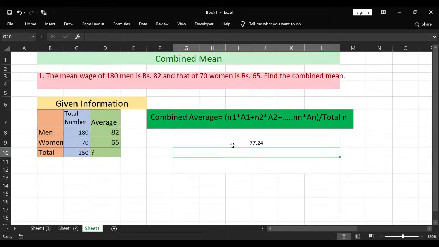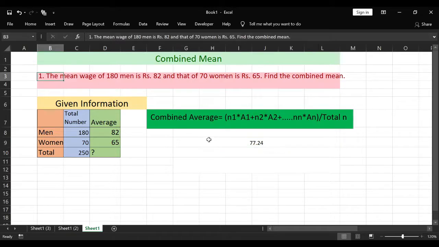So our combined mean is 77.24. Like this we solve combined mean problems when they have given more than one group of data. Hope you understood this basic problem.